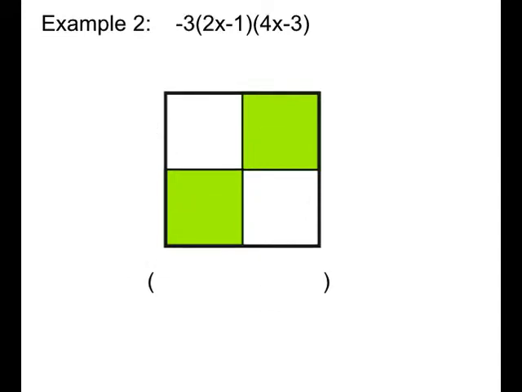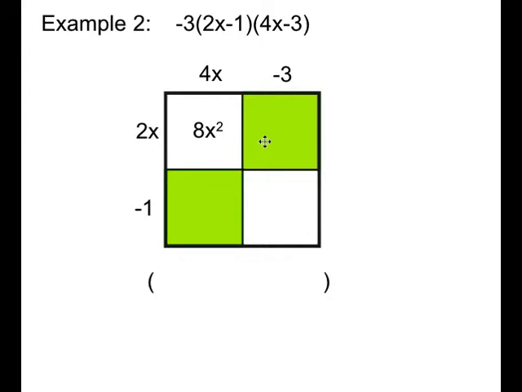This problem works the exact same way. We're going to take the 2x minus 1 and the 4x minus 3, and we're going to go ahead and fill it in. Maybe this time I'll put my 2x on my left with my negative 1. I put my 4x with my negative 3 at the top. This time to get the first box, 2x times 4x is 8x squared.